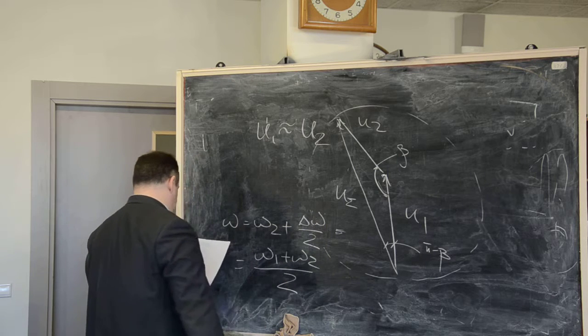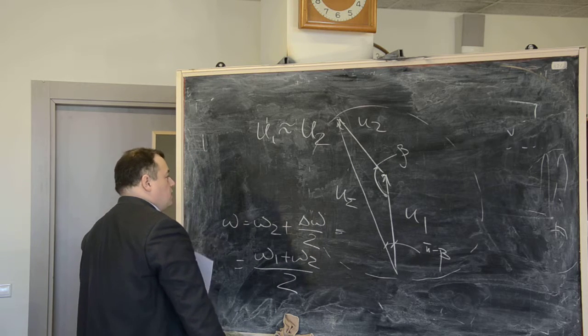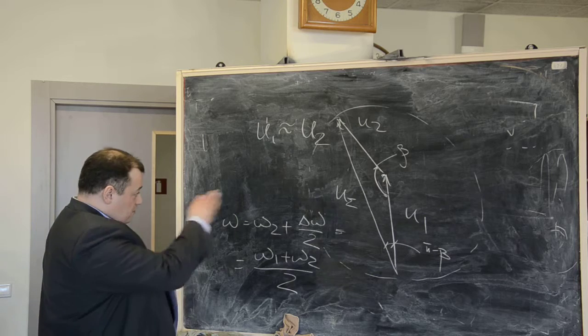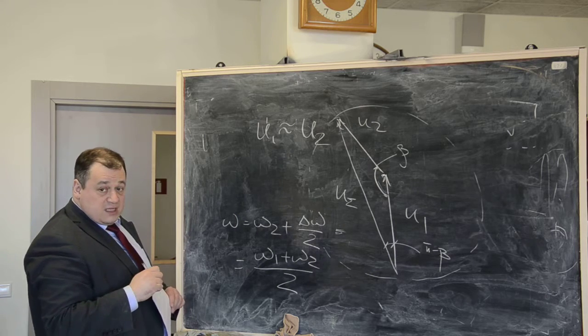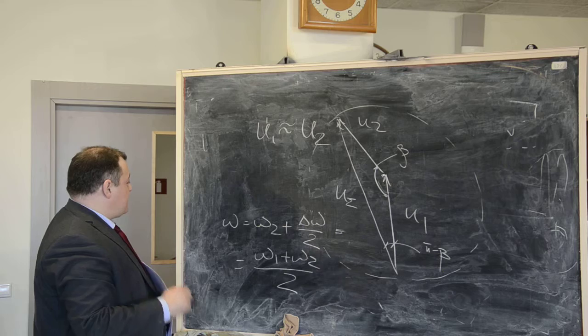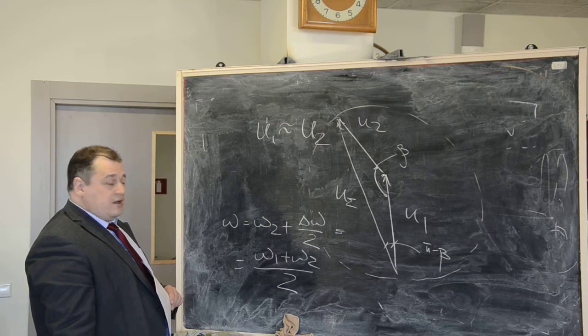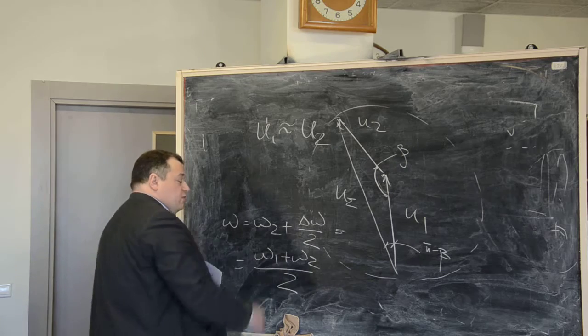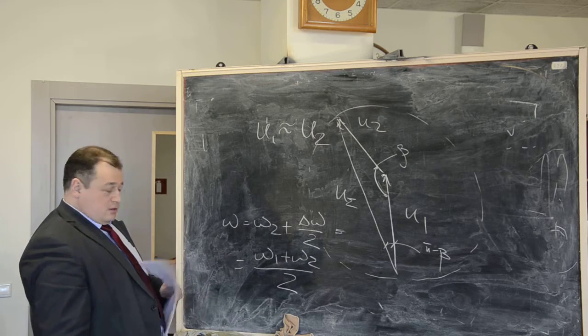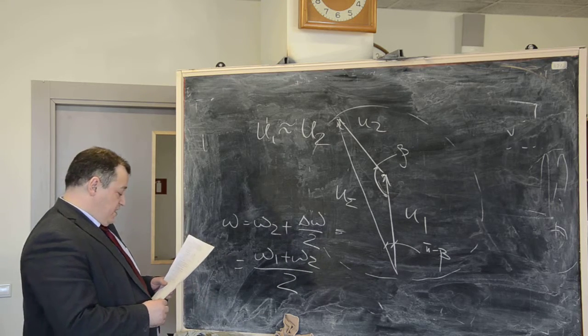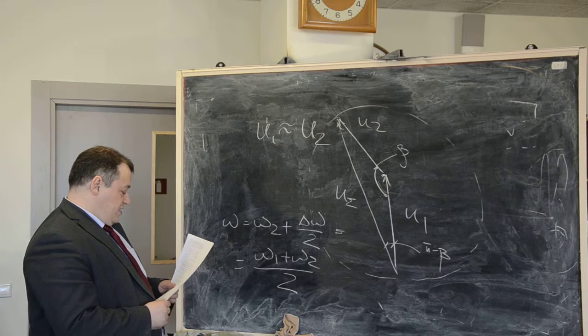So if both voltages and both signals are equal, the resulting frequency is nothing less than half of the sum. Average frequency is the average.